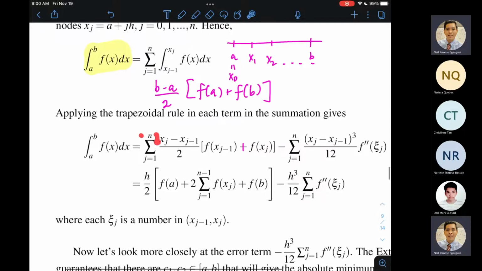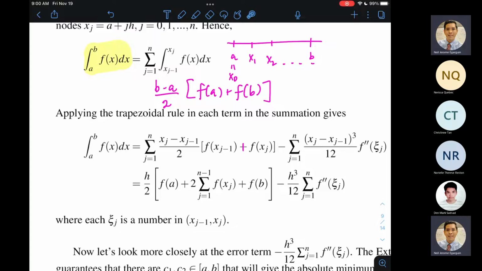So ito ay yung application ng trapezoidal rule sa pang j na subinterval. Okay? And then to get the approximate for the entire original integration interval, I'll need to sum up all of these subintegrals. Kaya meron diyang summation. Okay? So again, this is just a bunch of applications of the trapezoidal rule on the subintervals.